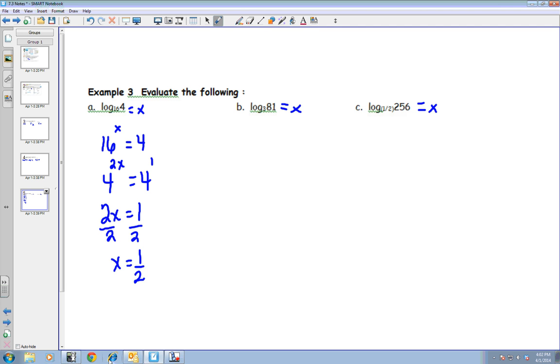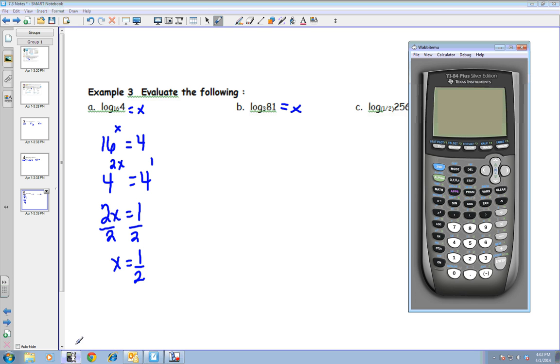Now, to check your work, I'm going to show you how to check this on your calculator. You will not be able to use your calculator on the test, but I'm going to show you how to check it. Okay, so on the calculator, I can enter this.